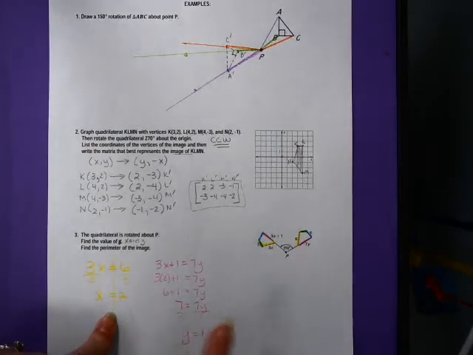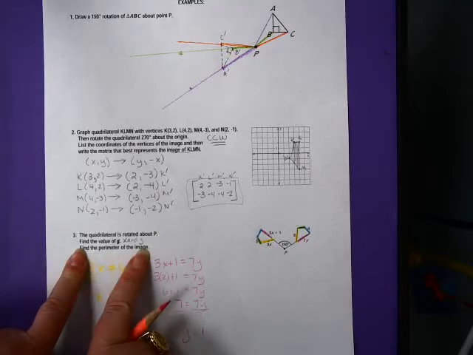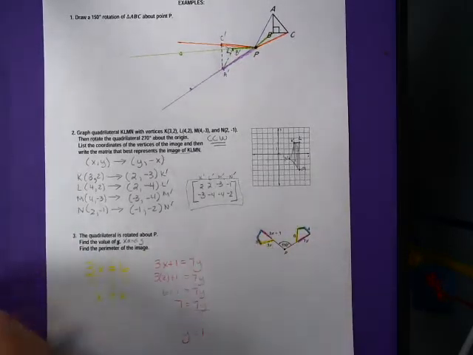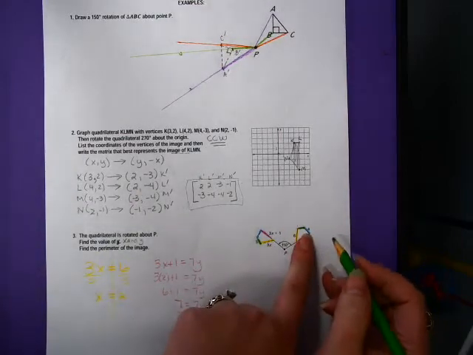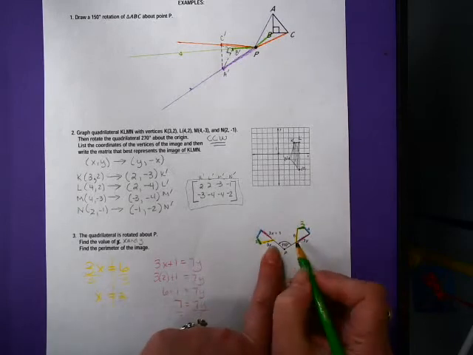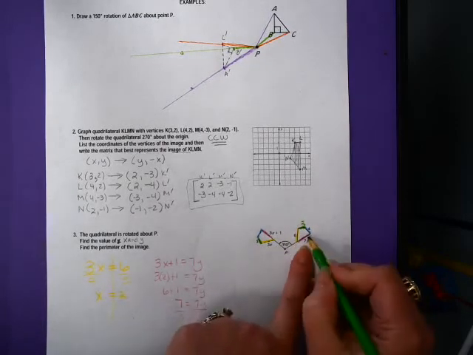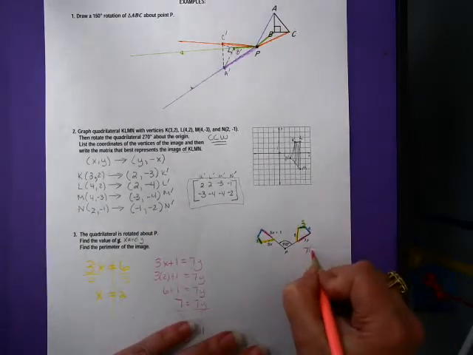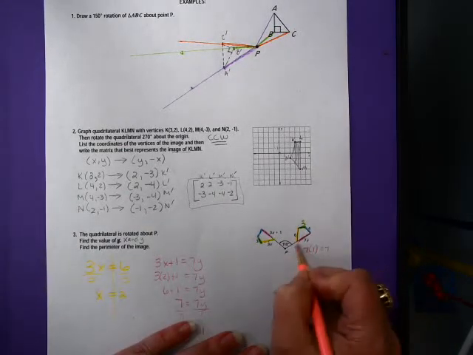So I found my x and my y. Now I need to find the perimeter. Okay, well, the green side equals the green side. So I know this is 4. I know this is 3. I know this is 6. And then here, I know that y is 1. So 7 times 1 equals 7. So I know this is 7.